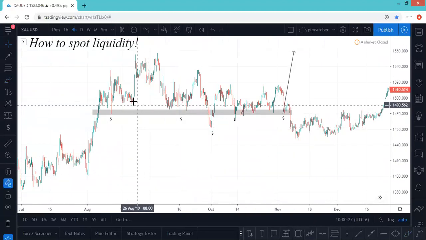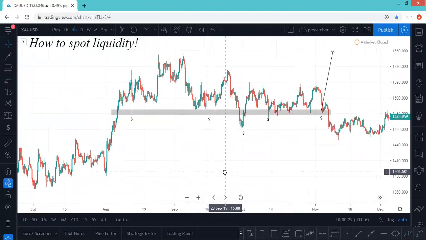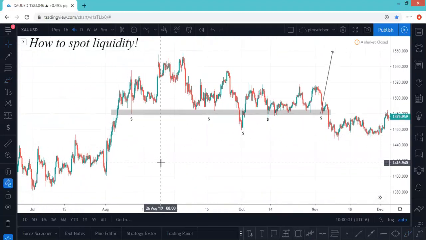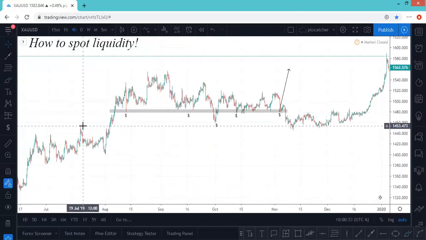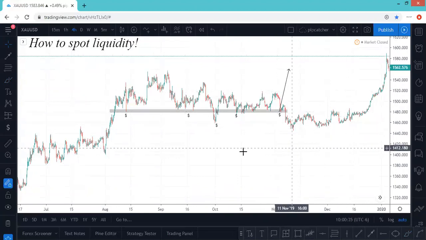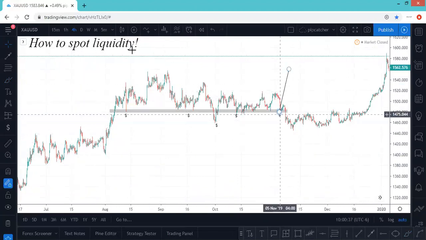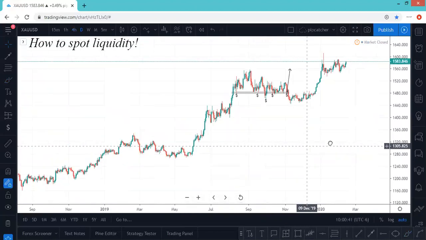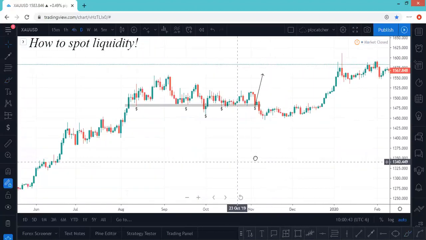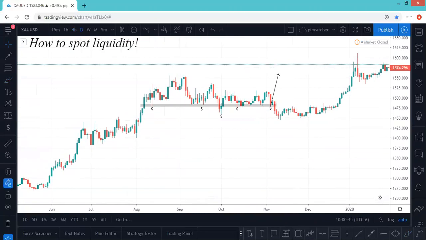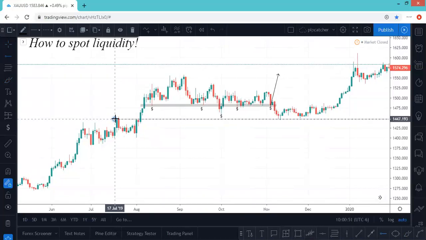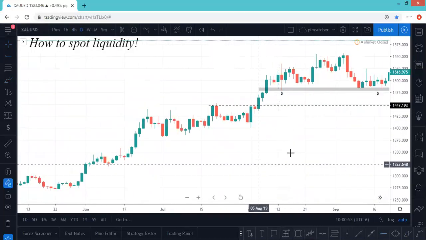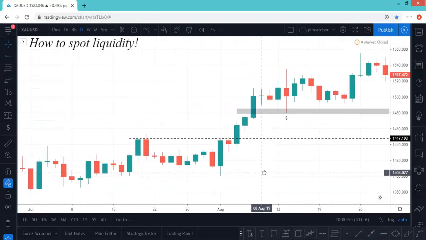Now, I bet if I go to the higher time frame, we can find out why price decided to reject on this area. So if I go to the daily time frame here, I can see that clearly this candle right here, let me zoom in so we can explain it.